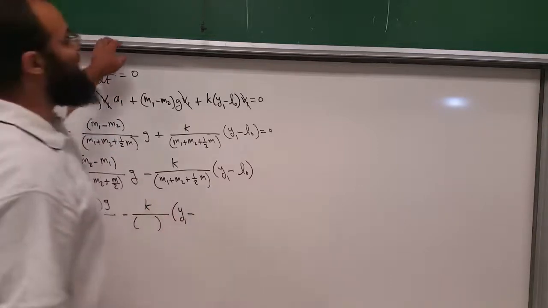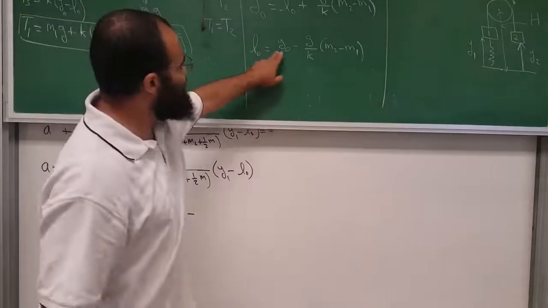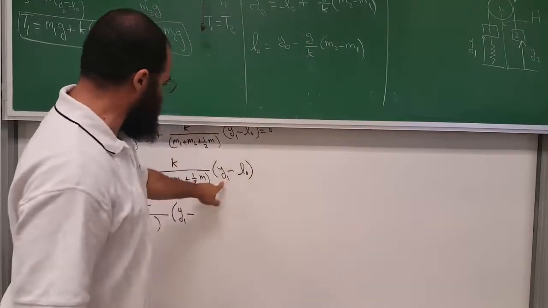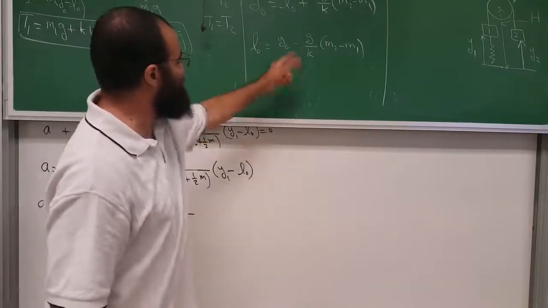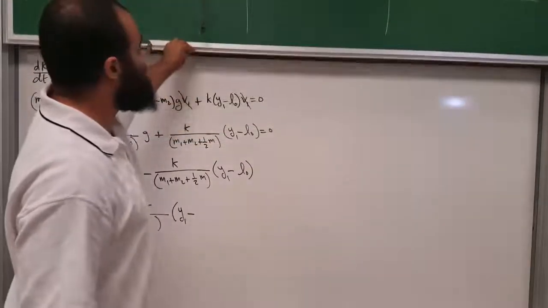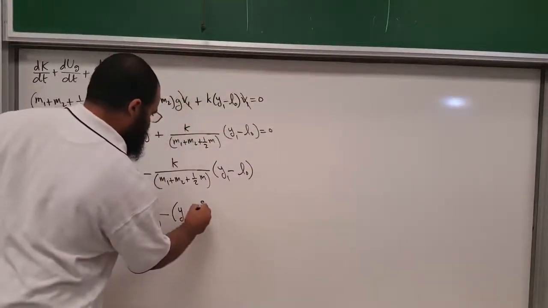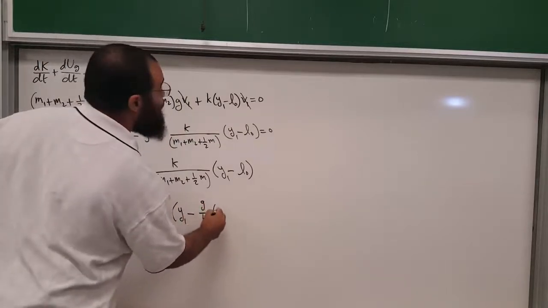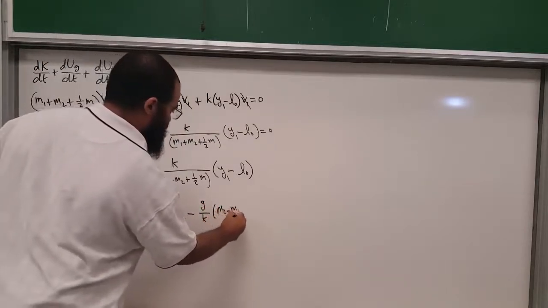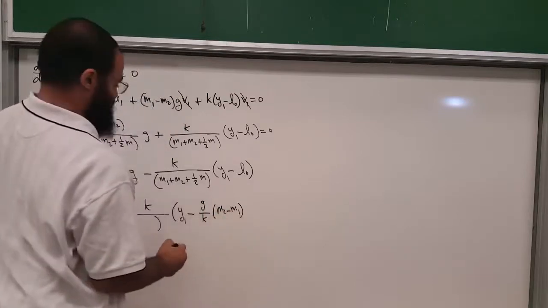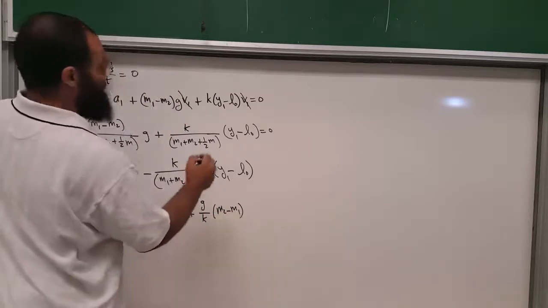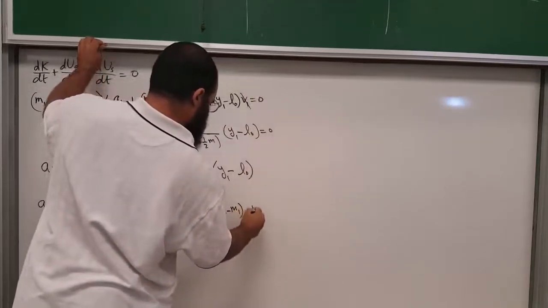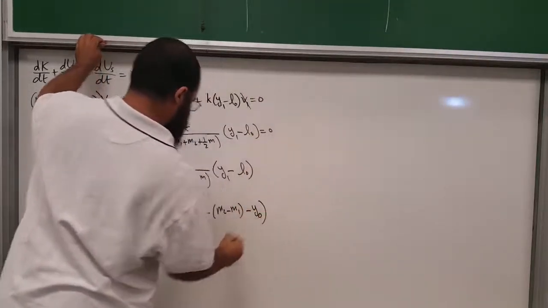But L0 is y0 minus this. But I'm subtracting y1 minus L0, so you flip the sign. So it becomes g over k, and then m2 minus m1. No, it becomes plus because I'm subtracting it, so this becomes plus, and this is the minus y0, like so.